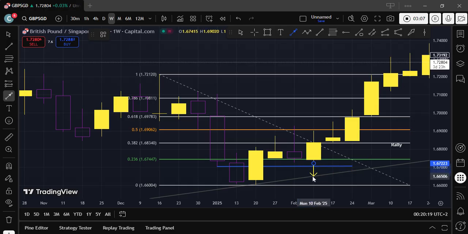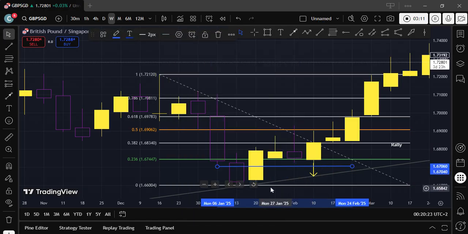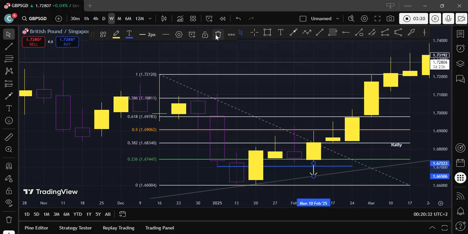Normally it drops below it to land on this favorite trend line that I'm in love with. So normally I expect something like this.